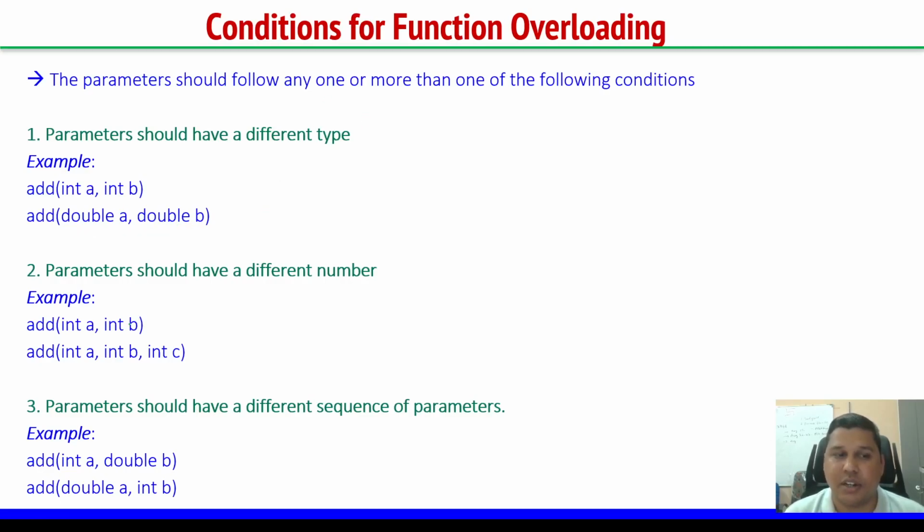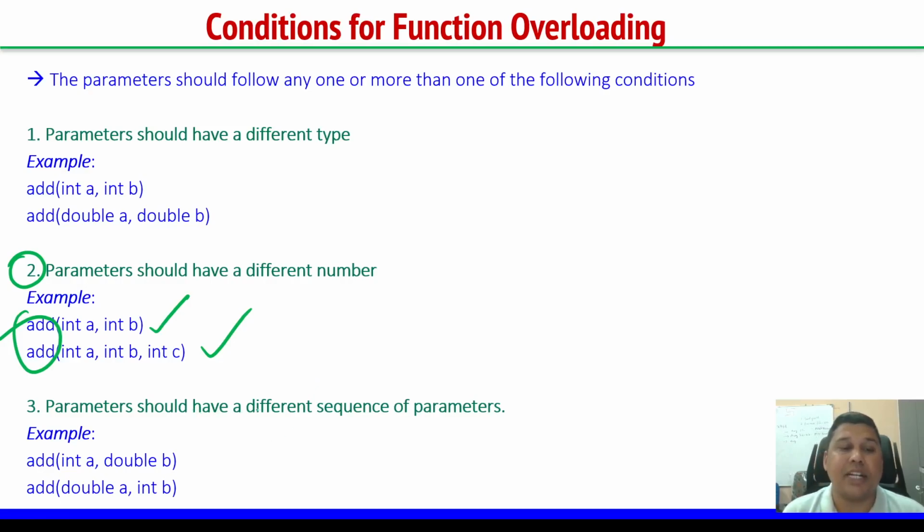The second condition is that parameters should have a different number. Though they have the same data type, the number of arguments should be different, like int A B and int A B C. Then you can write the same function name like this. It is allowed in C++.